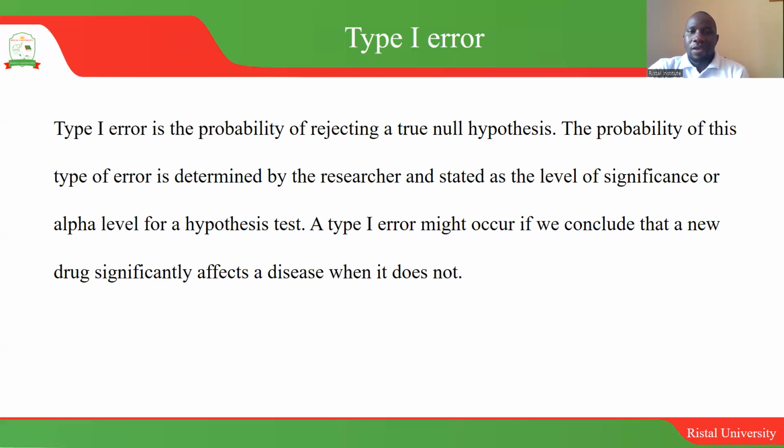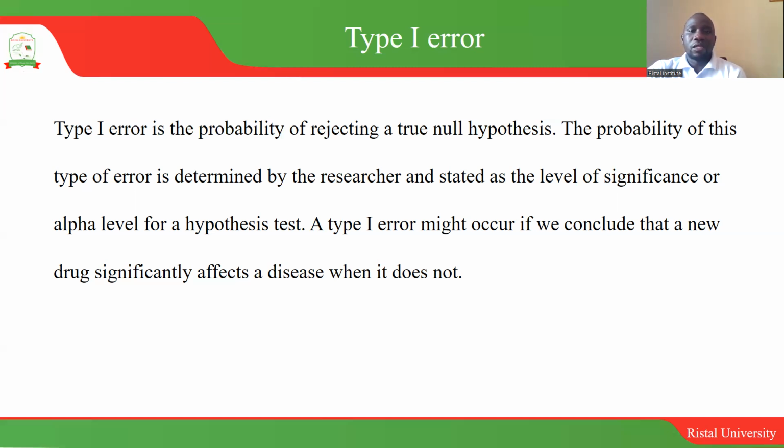Then you carry out your study, and then you reject the null hypothesis, which is actually correct. In reality, it is correct, but you reject it. That is what we call a type 1 error. So the probability of rejecting a true null hypothesis is what you call a type 1 error.